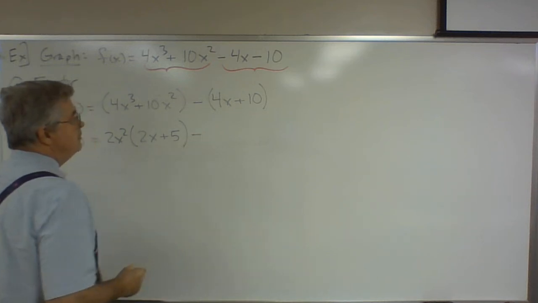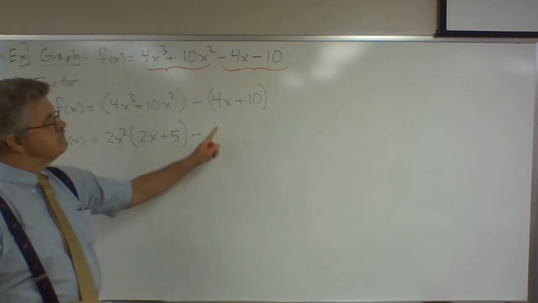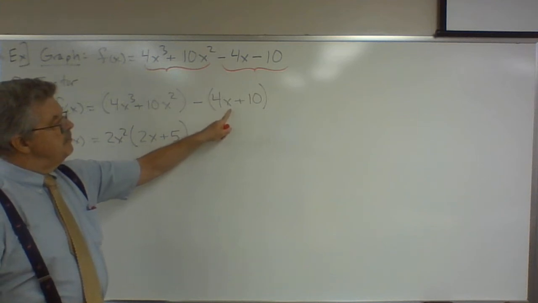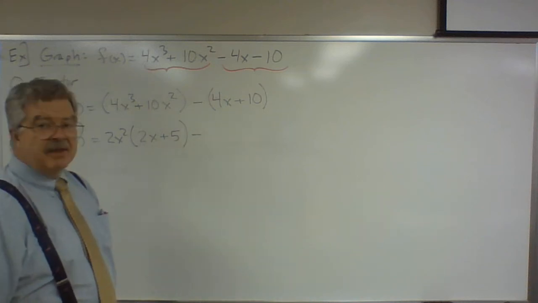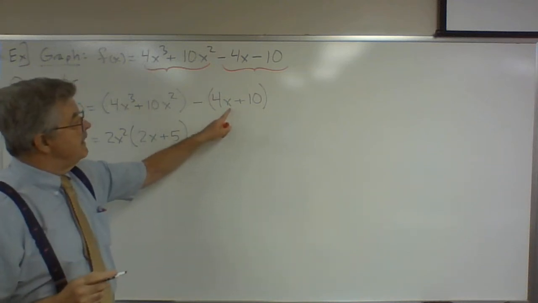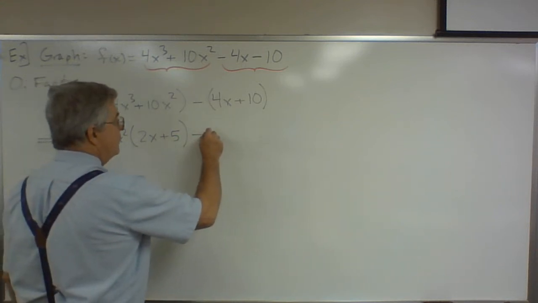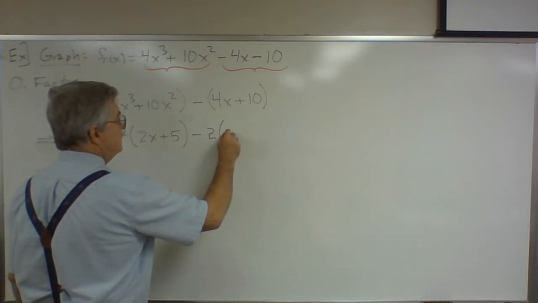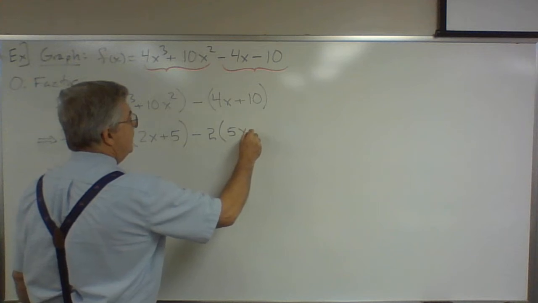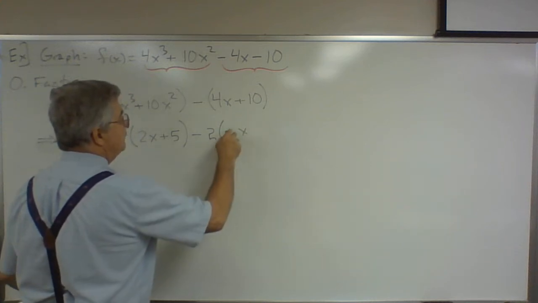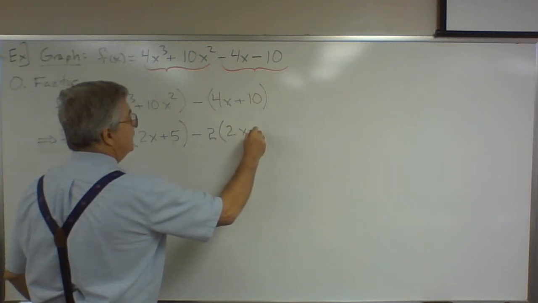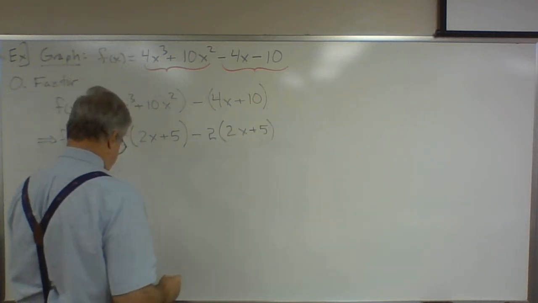Now I'm going to do the same thing with this pair of terms. Do they have any common factors? They do. They both have a factor of 2. So I'm going to remove that common factor. And that will leave me with 2x plus 5.